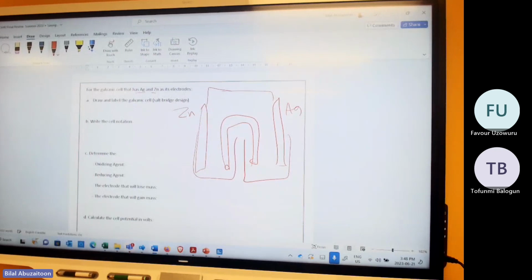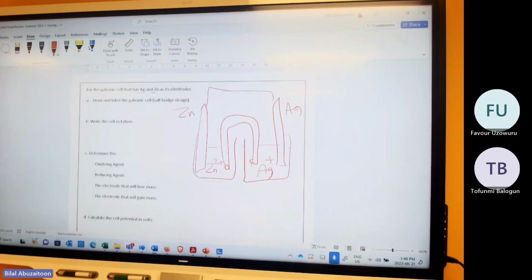Always the oxidation on the left, reduction on the right. So this is Zn to the left. This solution should have Zn2 plus, and the Ag part should have Ag plus. How do you know not AgNO3? NO3 is a spectator ion, it doesn't matter.